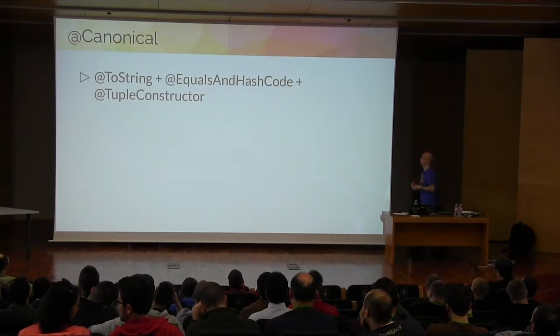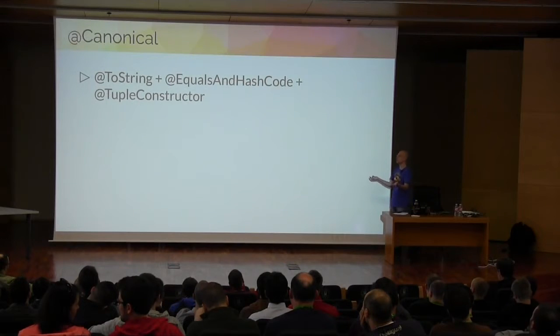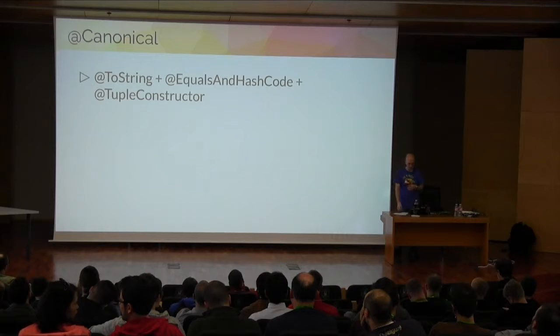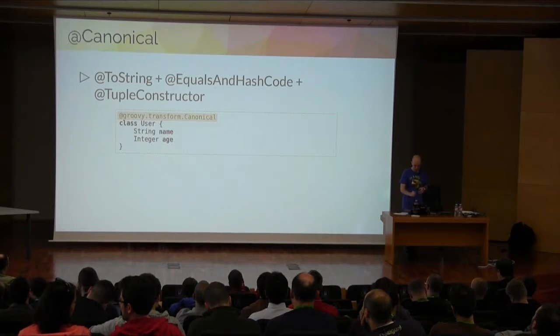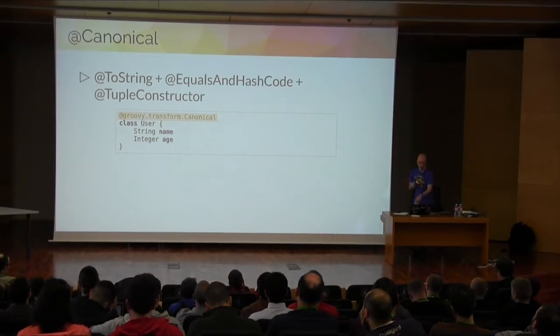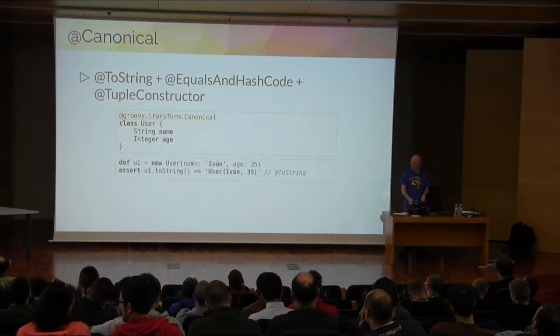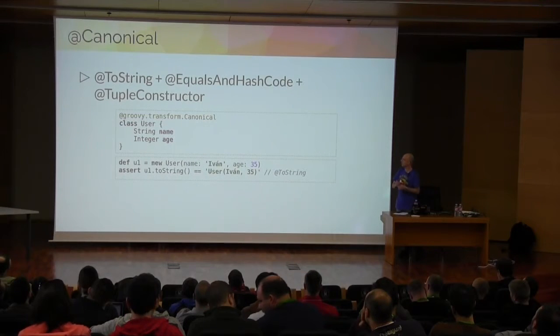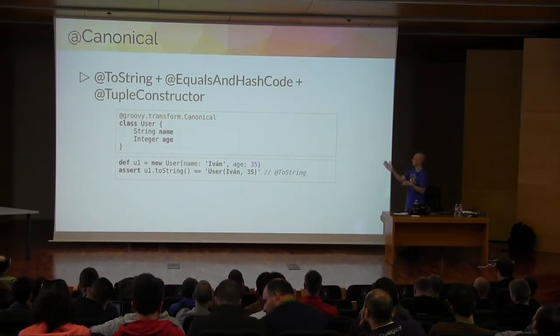That is a meta-annotation with these three: ToString, EqualsAndHashCode, and TupleConstructor. So now we can annotate the class with @Canonical, and if we create a new user and check the toString, it will be valid. It will be this one because the ToString annotation is applied.